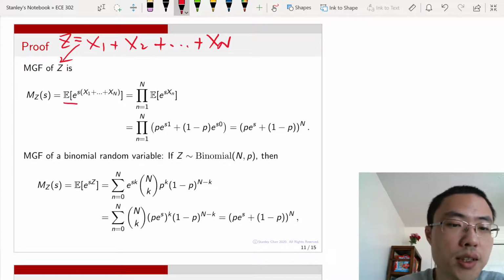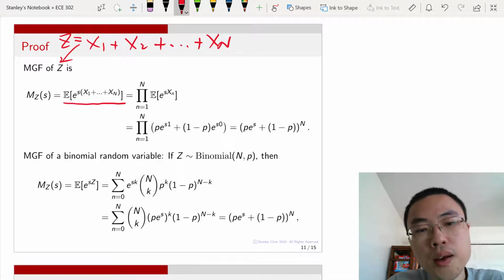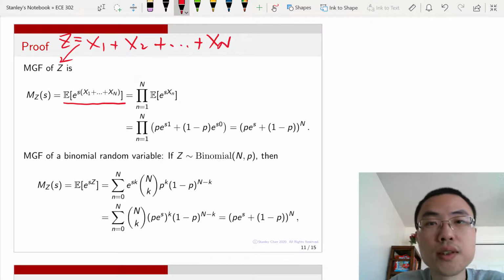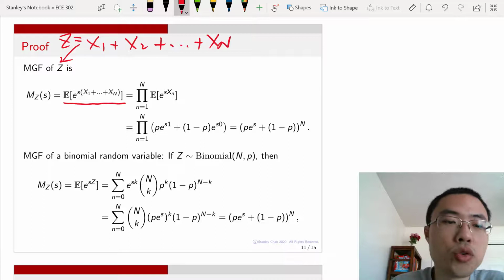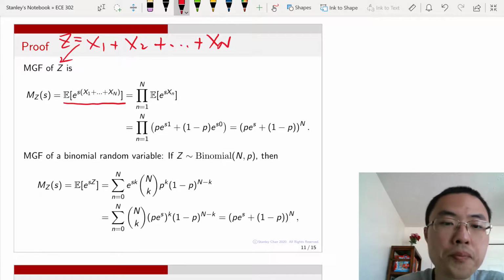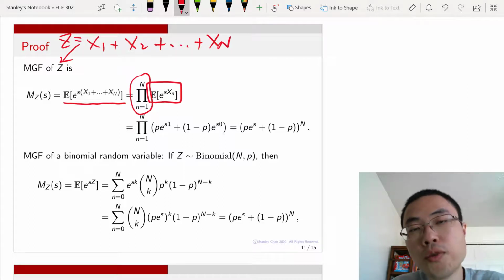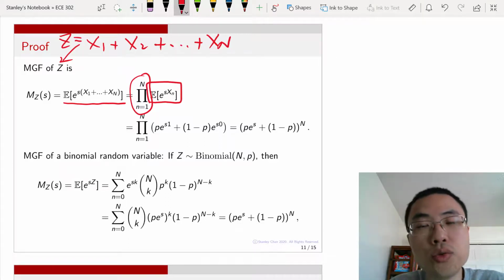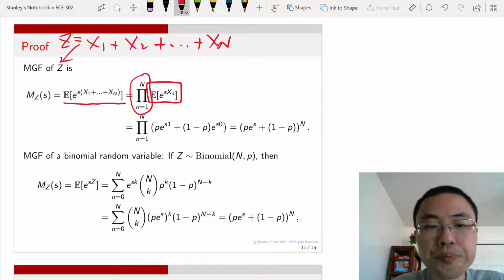Then I am looking at this expectation. Because they are all independent, I can use the previous statement to write down this product of individual moment generating functions. So here I have this product for n going from 1 to n, and then I have this moment generating function for each individual Bernoulli random variable.